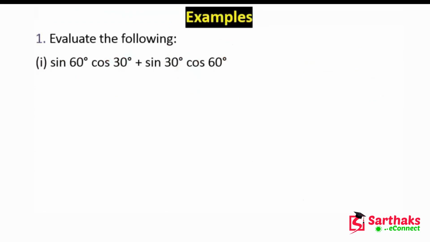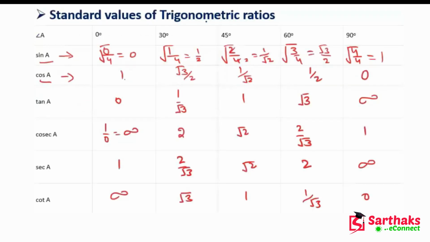So here, my dear friends, we have to find the value of this equation. First of all, sin 60 is what? We know that sin 60 is root 3 upon 2, you can see in this. Now cos 30 degree is again root 3 upon 2.